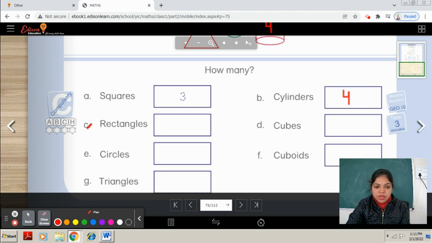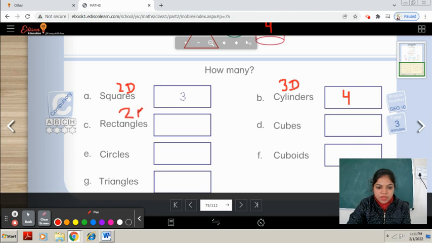Now next is C part, rectangles. Rectangle is a 2D shape. I will write here 2D shape, okay? 2D, and cylinder is 3D, okay? And rectangle is 2D shape.